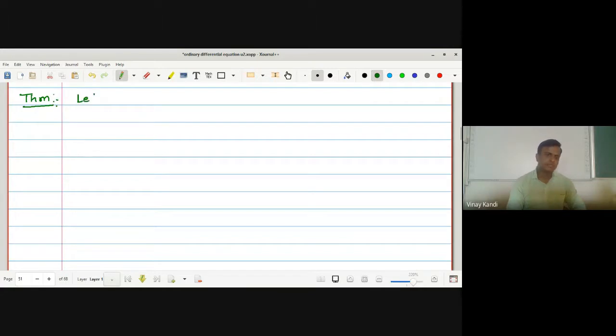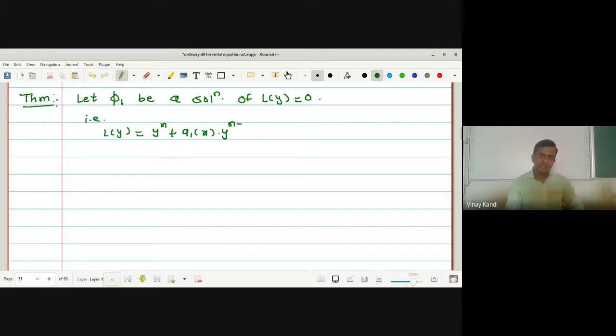Let phi 1 be a solution of L of y is equal to 0. That is, L of y is equal to y raised to n plus a1 of x into y raised to n minus 1 plus a2 of x into y raised to n minus 2 up to so on an of x into y, which is equal to 0.